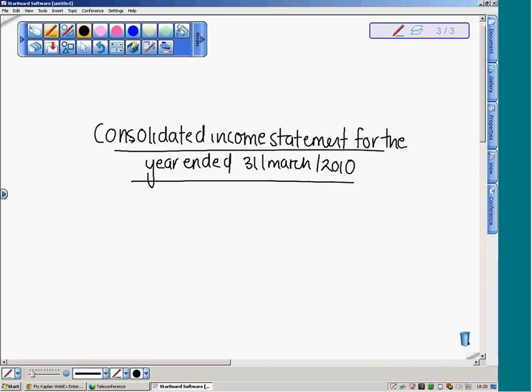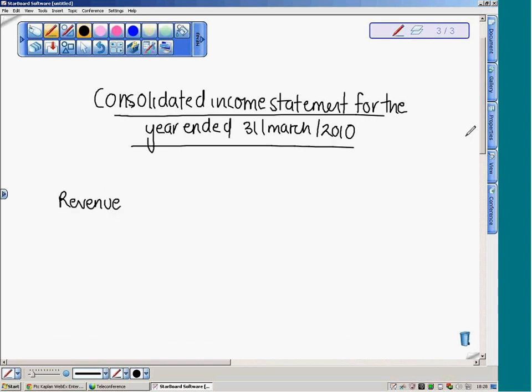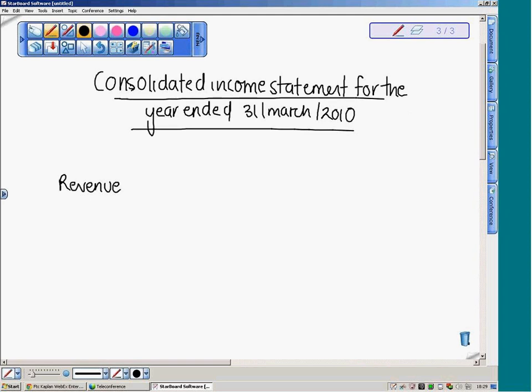Okay. Remember, getting a presentation mark, so having things like the title is definitely going to get you that presentation mark. Okay. I'm going to start off with my revenue. Remember that when you draw these consolidated pro formas, you often have to use the individual financial statements that they give you. So I'm going to use that as a basis.